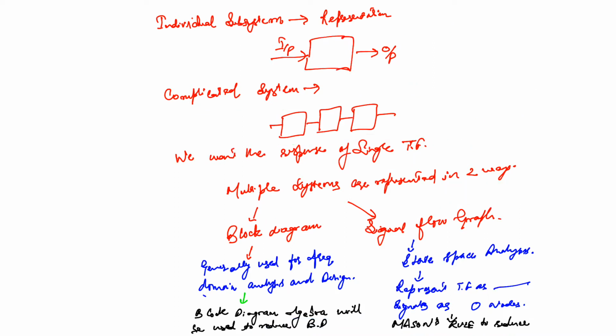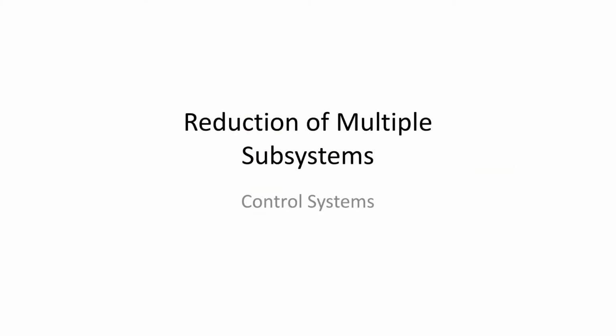One more point is that there is an advantage of the signal flow graph over the block diagram, that they can be drawn more quickly and they are more compact as compared to the block diagram representation. Now first we will discuss the block diagram representation and then the signal flow graph, and we will see how to reduce these to get the transfer function.